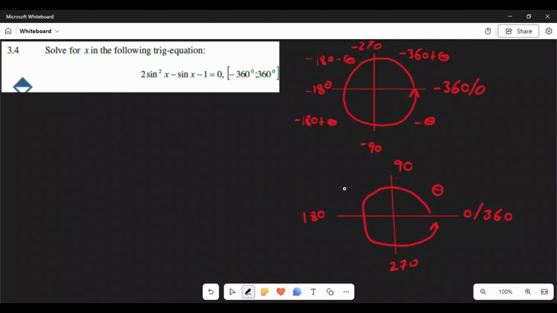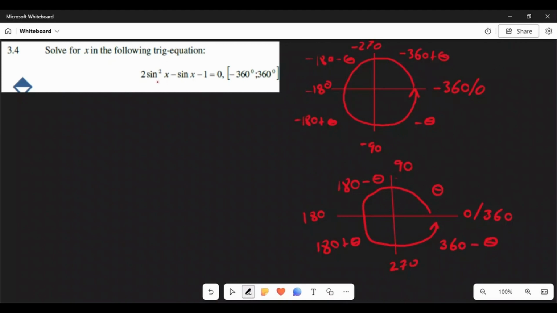This one we represent with 180 minus theta. This one with 180 plus theta, and this one is 360 minus theta. Don't forget, this is the first cycle, and that one is the second cycle.